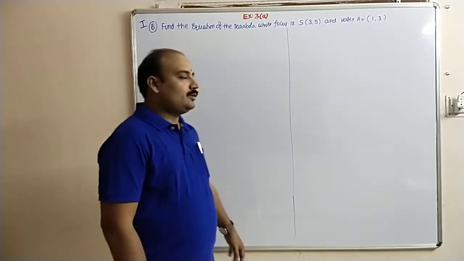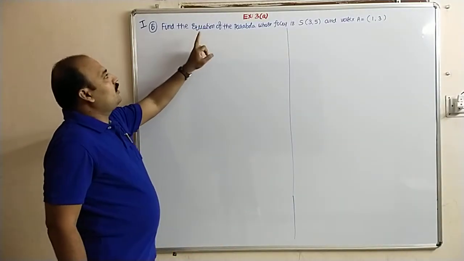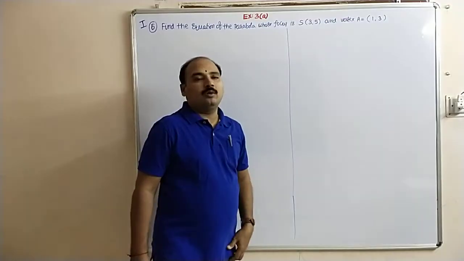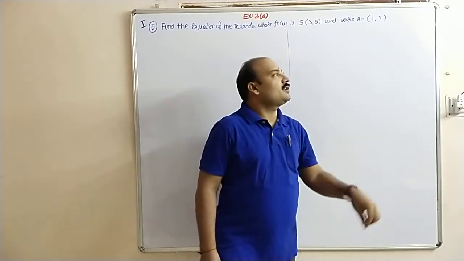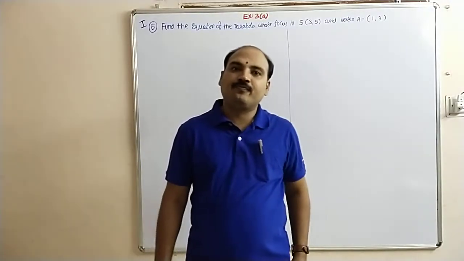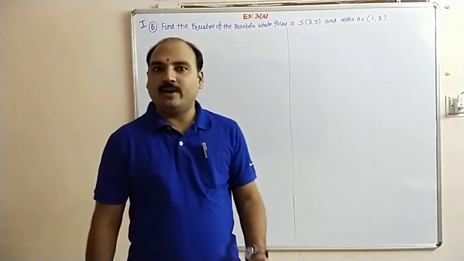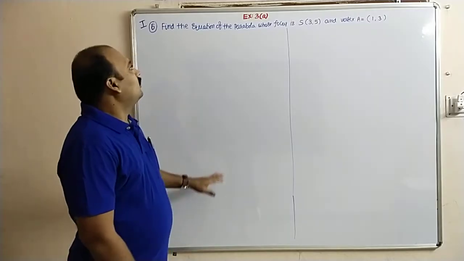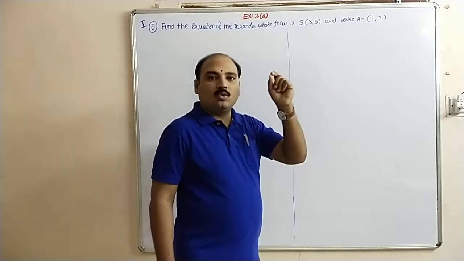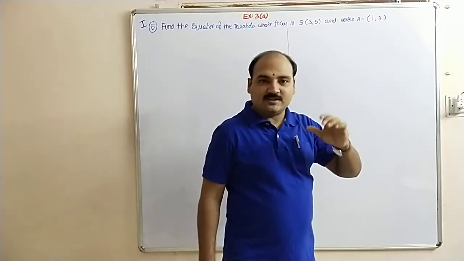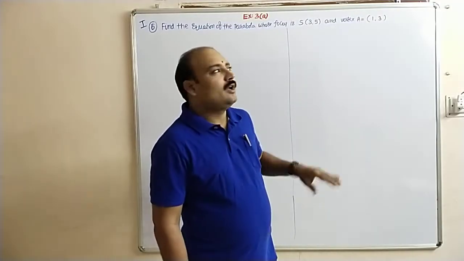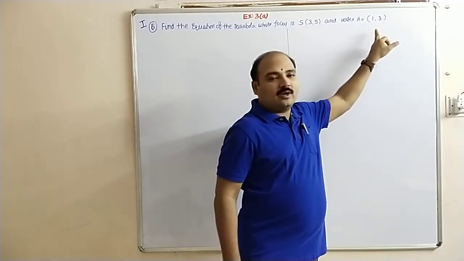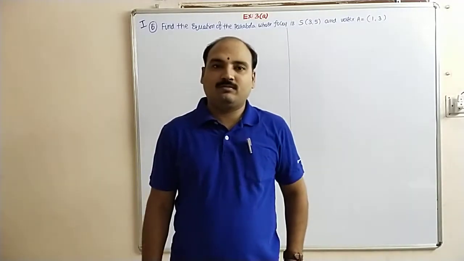The next question. Find the equation of the parabola whose focus is S of 3, 5 and vertex is A of 1, 3. In the previous question we discussed the equation of a parabola whose focus and vertex is given, the same type of question, but in that question their x coordinates are equal.